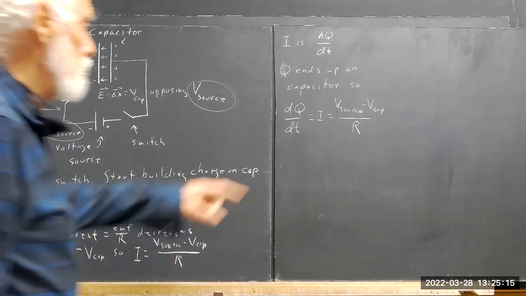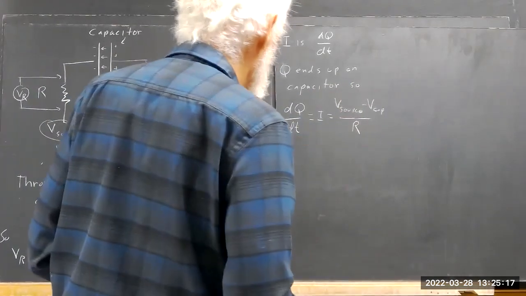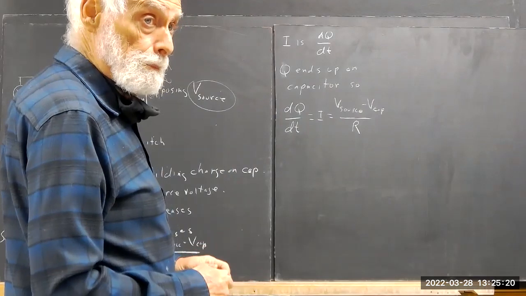So dq/dt is the voltage of the source minus the voltage of the capacitor, over R, at any instant.